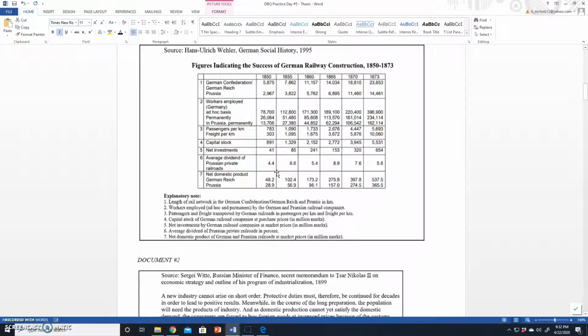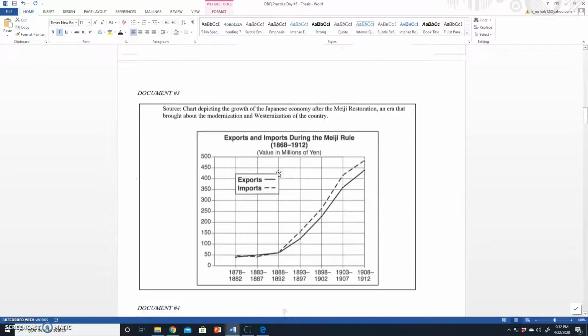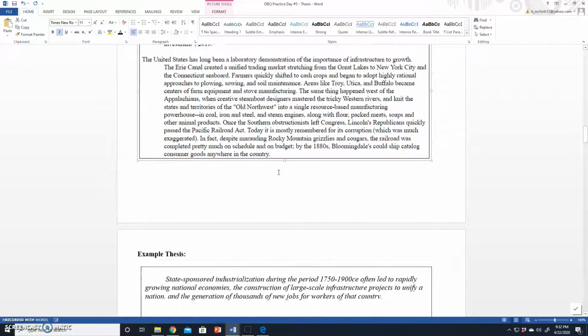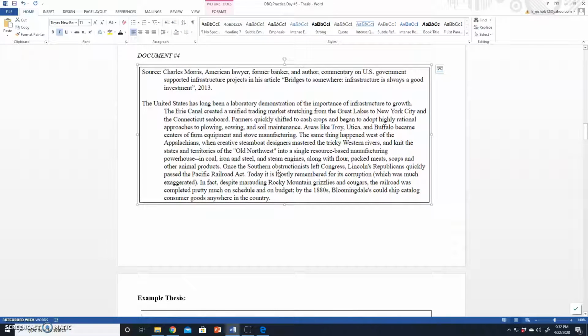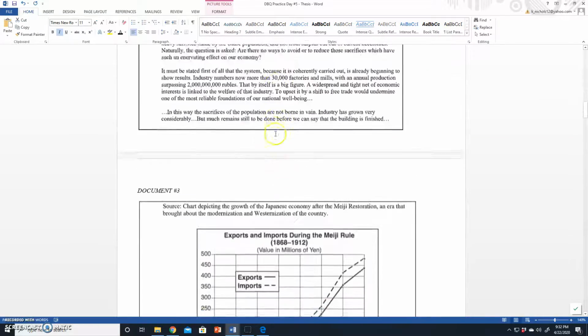You basically have to look at that document, tell me what it's saying. Look at that document, tell me what it's saying. Look at the next one, tell me what it's saying. Look at this one, tell me what it's saying. And then your thesis has to be, okay, these are what the documents are telling me. Now I'm going to argue these points over here about this essay in relation to the prompt.